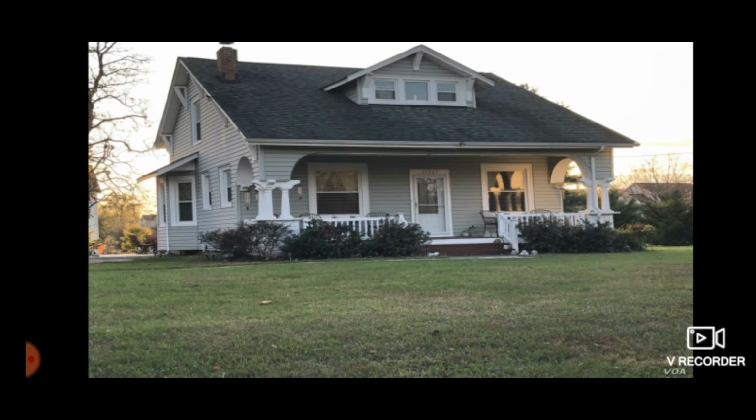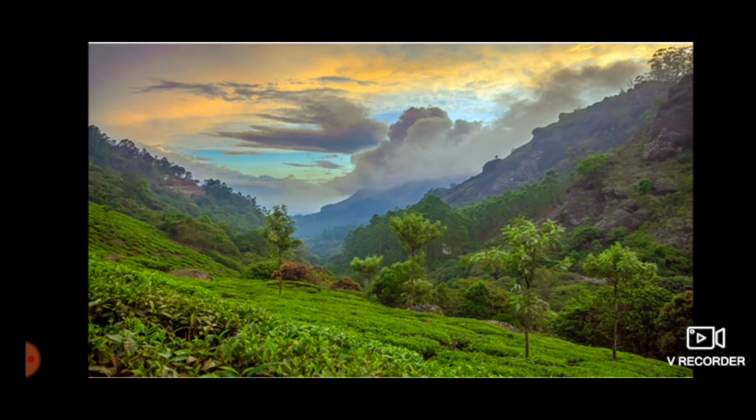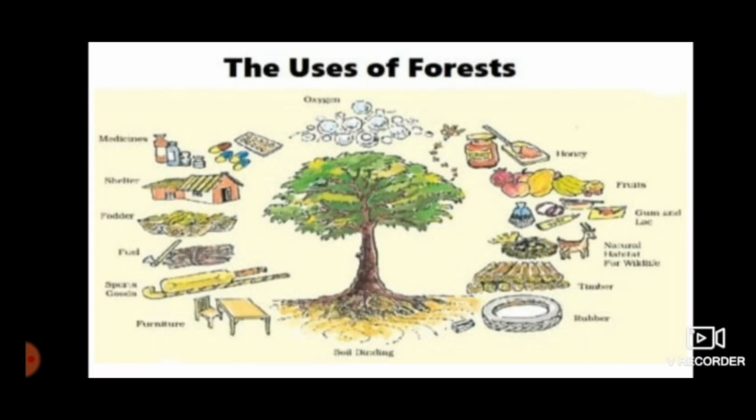Students, the things we need to do all this, from where do we obtain? Yes, very good. From the environment. Forest gives us wood, timber, food, fiber and innumerable things.